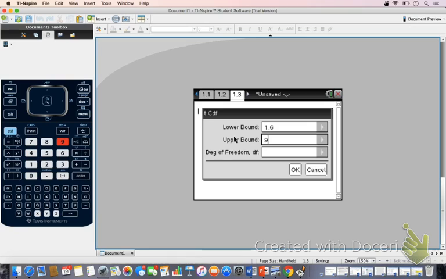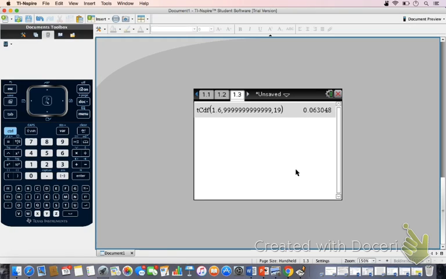Using our calculator, we can see that our p-value, or the probability of getting a test statistic of 1.6 or greater, is 0.063. So we have about a 6.3% chance of getting this outcome, assuming the null, which we haven't identified here, is true. Let's take a look now at a two-tailed test.